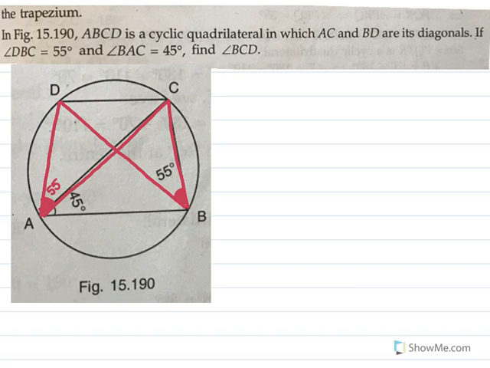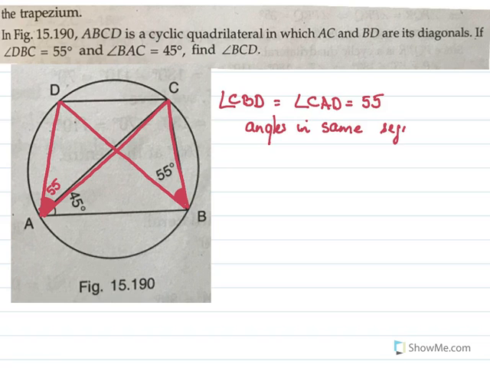So this is what we are going to write. So we'll write angle CBD equal to angle CAD, which is 55. Reason, angles in the same arc, in the same segment.